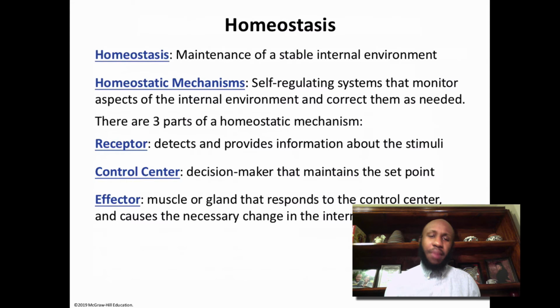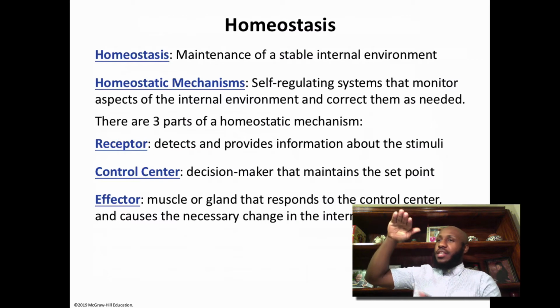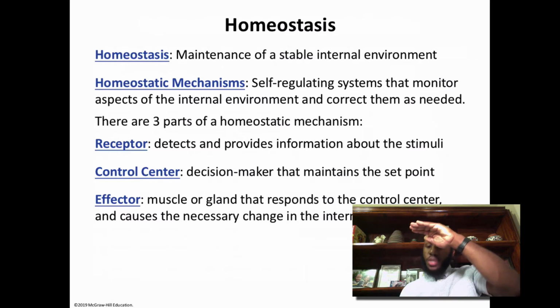Whatever the change might be in that variable, it's the receptor that's there to detect whether that has changed and gotten above the set point, or gotten lower than, so I say below the set point.